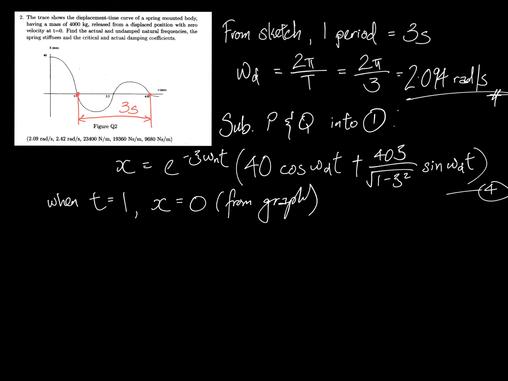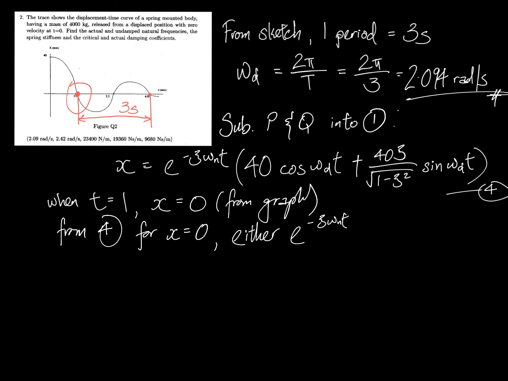Therefore, from equation 4, for x to be equals to 0, either our E term is equals to 0, or whatever is in the bracket must be equals to 0.